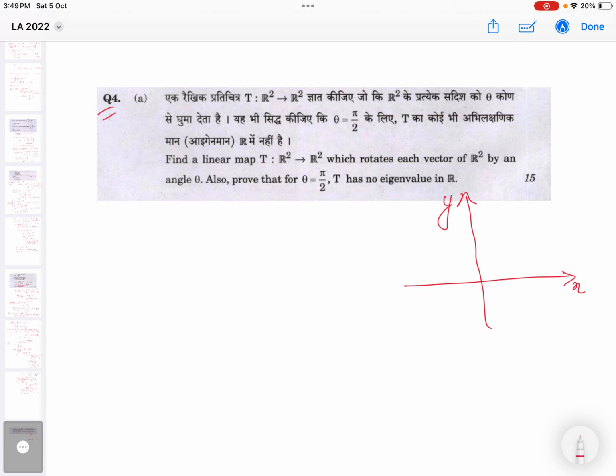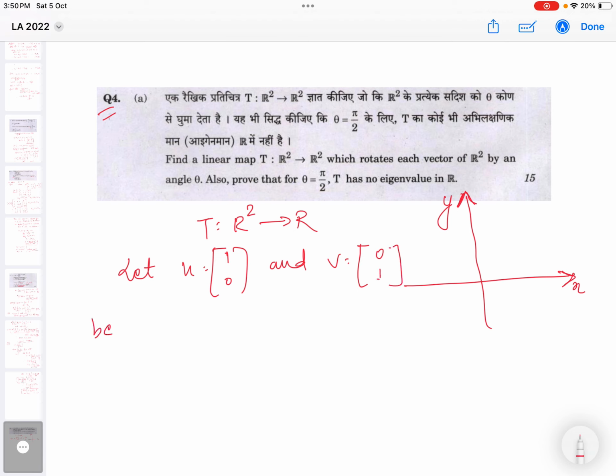So we have to find a linear map T from R square to R square. Let us assume that the vector space R square is the xy plane. So let u equal (1,0) and v equal (0,1) be vectors.